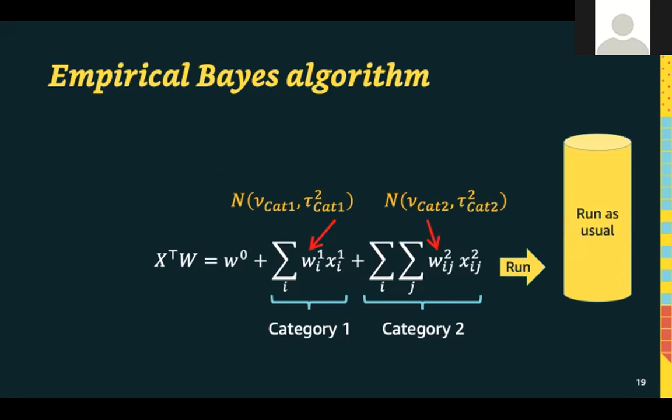And now I have a better model. I come back into the current moment, and now I have a better model that has used the data twice. First time to seed itself with empirical priors, second time to train on this data. And then I continue running as usual.